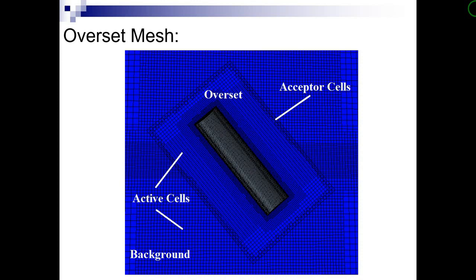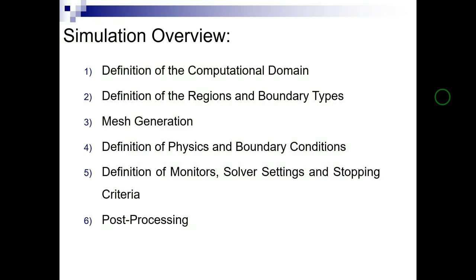Passive cells are those that no equations are solved within them. Acceptor cells are those that are located between active and inactive cells and facilitate interpolation of the information between the overset and background meshes.